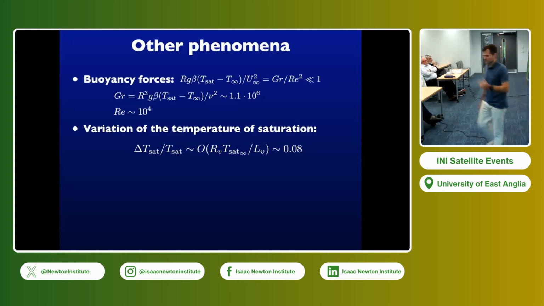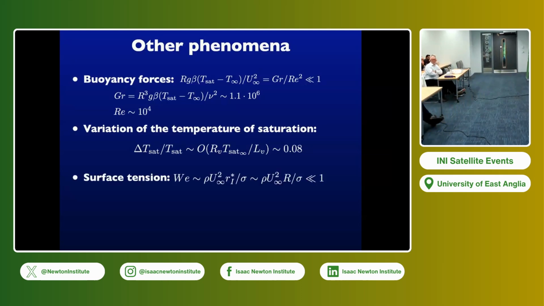For water, this is about 0.08, which is small. And finally, surface tension effects. I didn't include that in the balance at the interface, but we also estimated that this term is small.